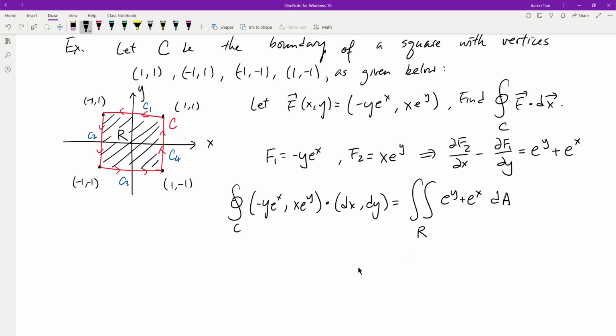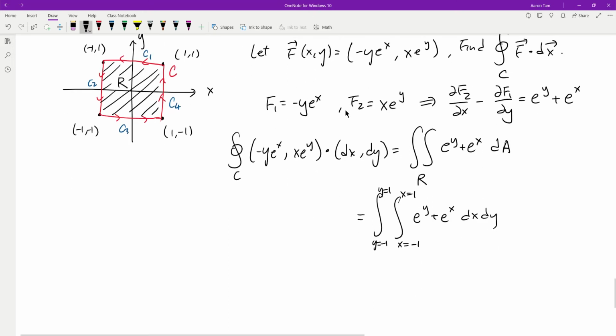So this is the same thing as the integral of e to the y plus e to the x dx dy. So x goes from negative 1 to positive 1. And guess what? y also goes from negative 1 to positive 1, because those are the 4 lines that bound this rectangular region.